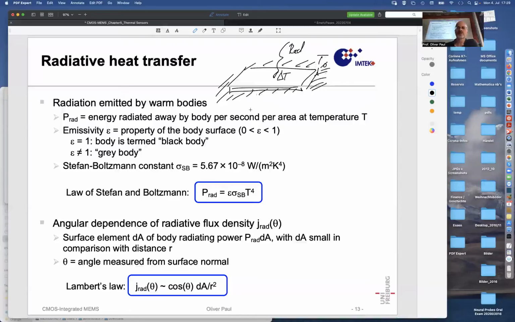The silicon chip has temperature T0, and then here in the center it's hotter, and then heat flows, of course, away from the center, but we have a delta T that is measurable. And that gives us some information about the radiation intensity, for instance. However, this hot object also radiates radiation away. This is thermal heat transfer, radiative heat transfer. Any body transfers heat just by radiation.